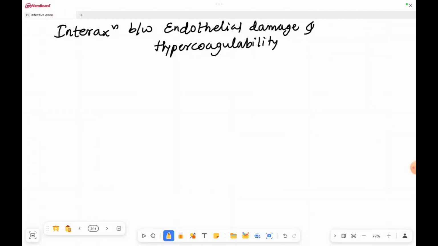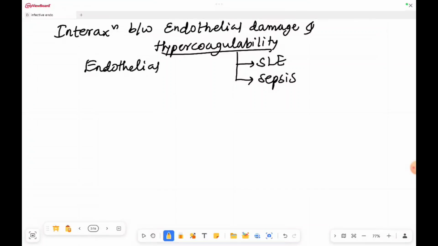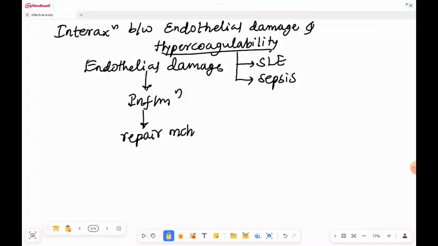Hypercoagulable state occurs in conditions like SLE, systemic lupus erythematosus, and sepsis, when there is endothelial damage. There will be inflammation, and inflammation will trigger repair mechanisms like the coagulation process.